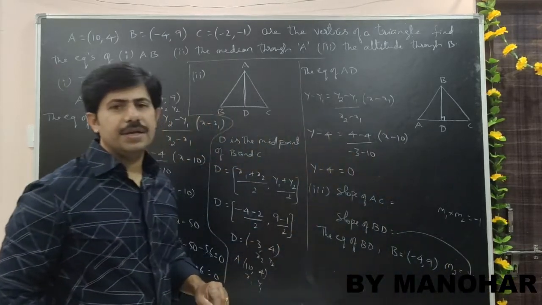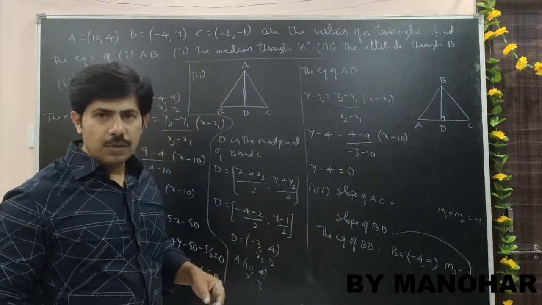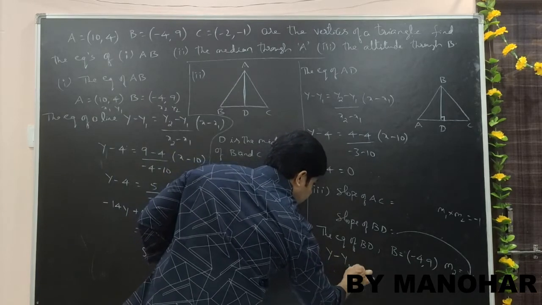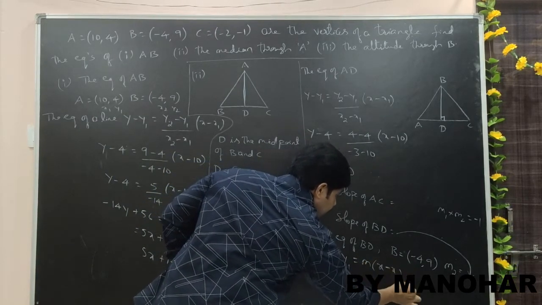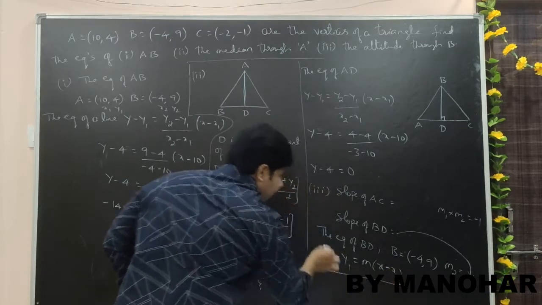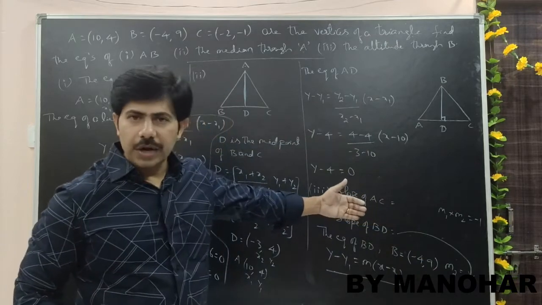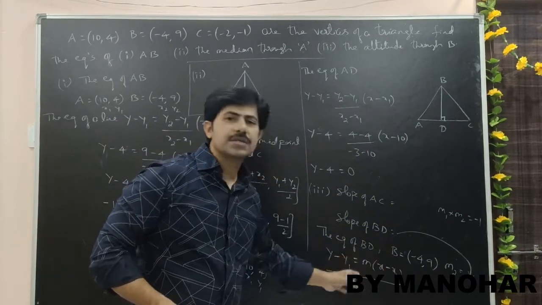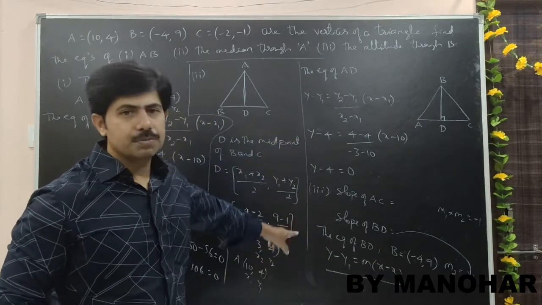So now you have a point and slope. So how will you find the equation of the line? Using the one point form, that is y minus y1 is equal to m into x minus x1. That slope and point you substitute in this, you will get the equation of the line. Okay, please complete this problem.